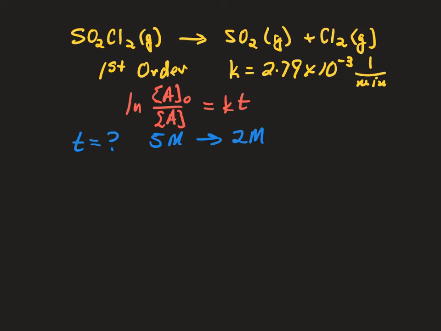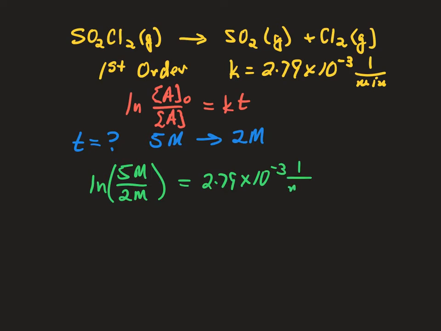And so if we're going to do our calculations here, we stick that in, we have the natural log of 5 molar over 2 molar, and remember that's all in the parentheses, is equal to k, which was 2.79 times 10 to the minus 3 per minute, times our elapsed time.